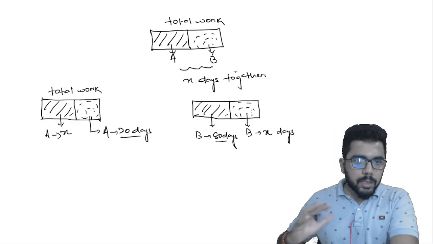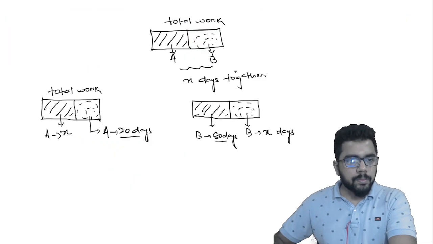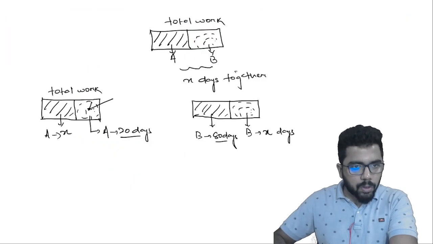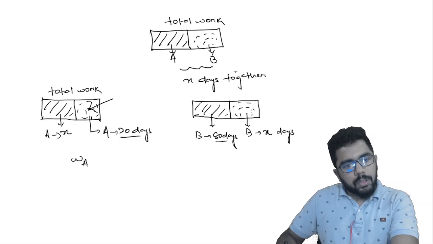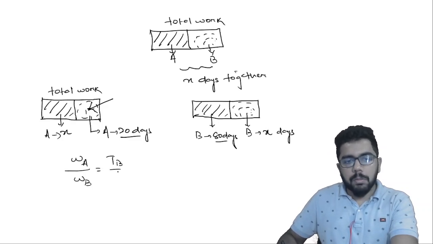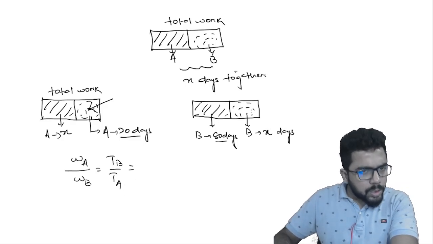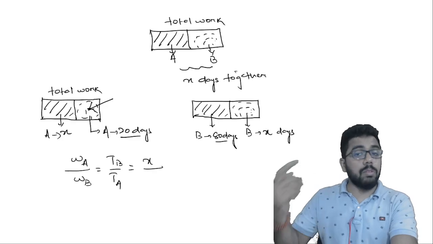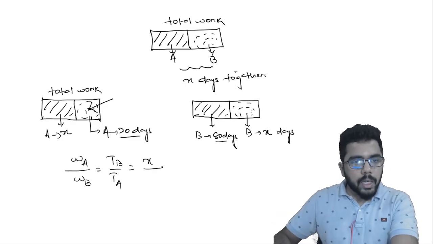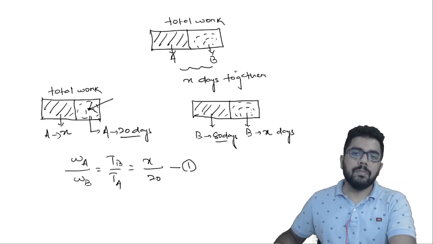So this is how you can visualize this question. After visualization, if I use this relation, what would it look like? For case 1, this dotted portion of work, if I compare the work efficiency of A and B, it is time of B by time of A. What is the time taken by B to do this work? B takes X days, whereas to do the same work which was done by B in X days, A is taking 20 days. Let this be equation 1.